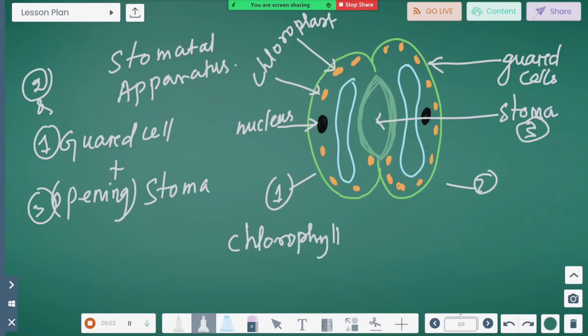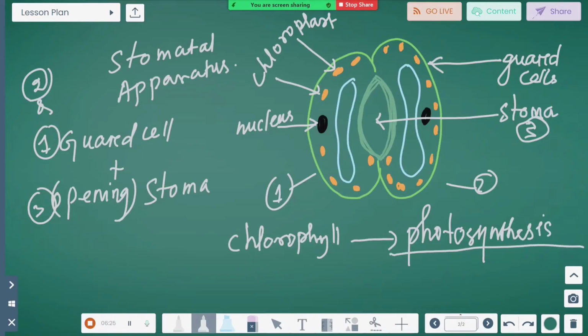It will absorb sunlight during the daytime and perform photosynthesis. Two products are obtained: oxygen and glucose. Glucose can be temporarily stored as starch.